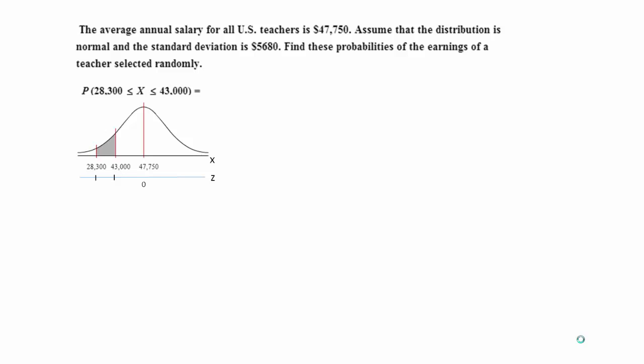And in our curve, we want to make sure that we label our mean, which in this case is $47,750. And we want to find the probability that the teacher's salary will be between $28,300 and $43,000.